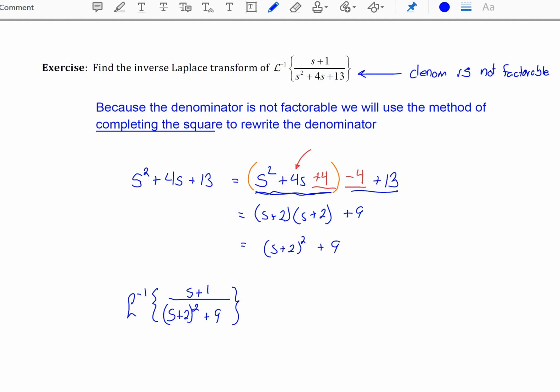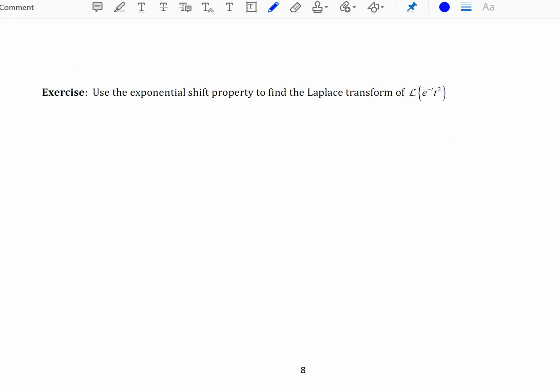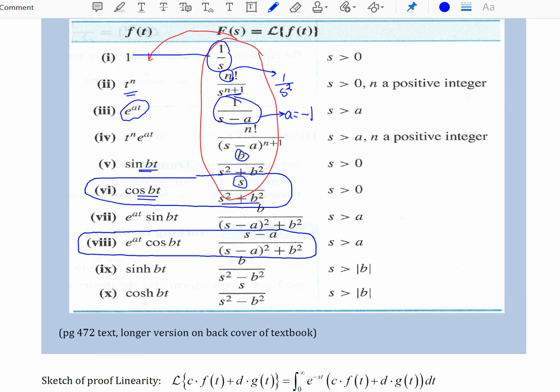This is probably going to be trigonometric because of the form of it. And I'm noticing the s plus 1 and the s plus 2. And I'm thinking, well, these look a lot like, let's scroll back. It looks a lot like this cosine function.